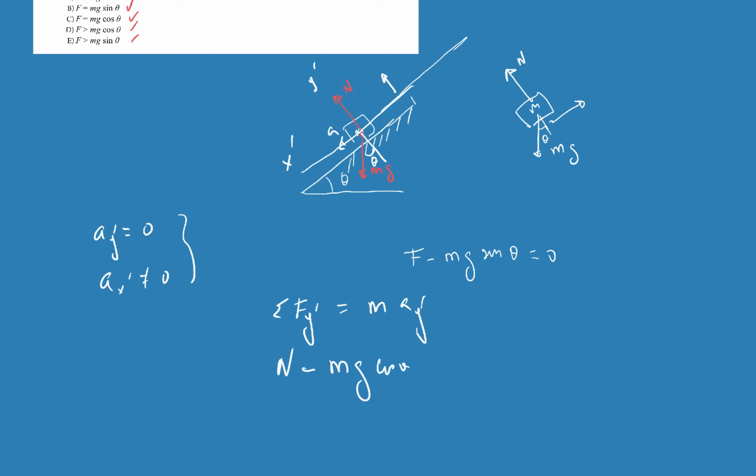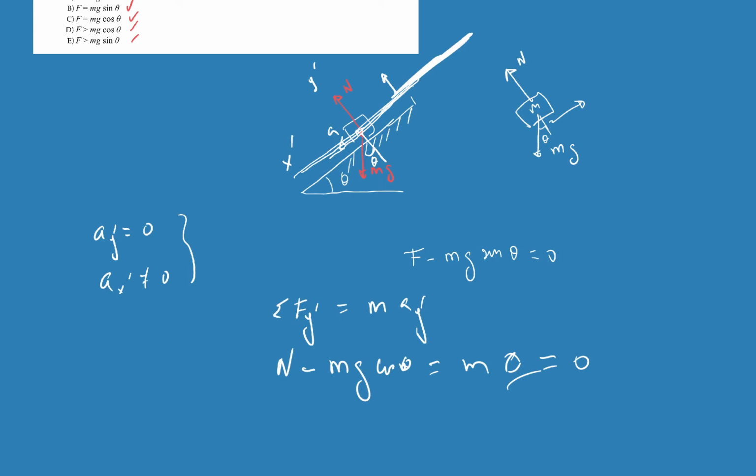So N minus mg cosine of theta equals m a_y'. But the acceleration is 0 because the body is not moving along the y prime axis. It's always in the x prime axis, so the acceleration in the y prime axis is 0.